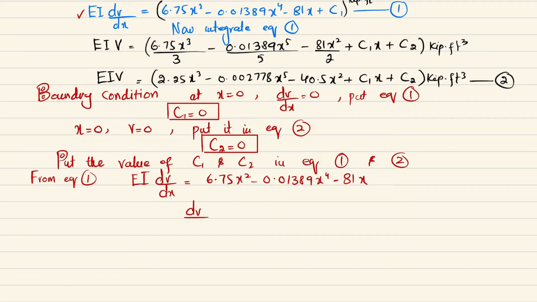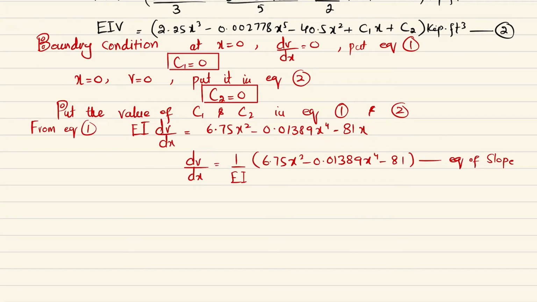And dv over dx will be equal to 1 over EI into 6.75x² − 0.01389x⁴ − 81. So this is the equation of slope.